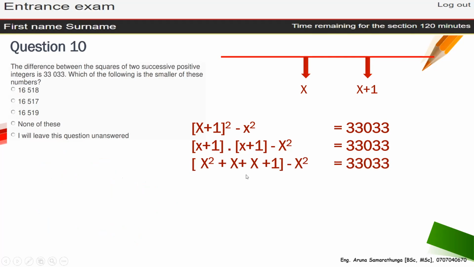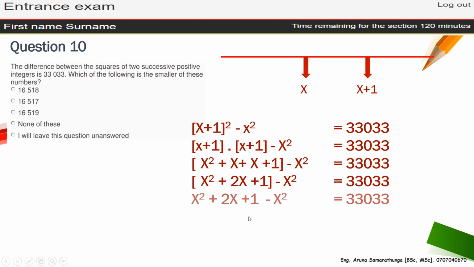Then inside you can solve: 2x, and you can remove this bracket. The x squared and this x squared are going to cancel. So you can solve for x like this. What is the question?